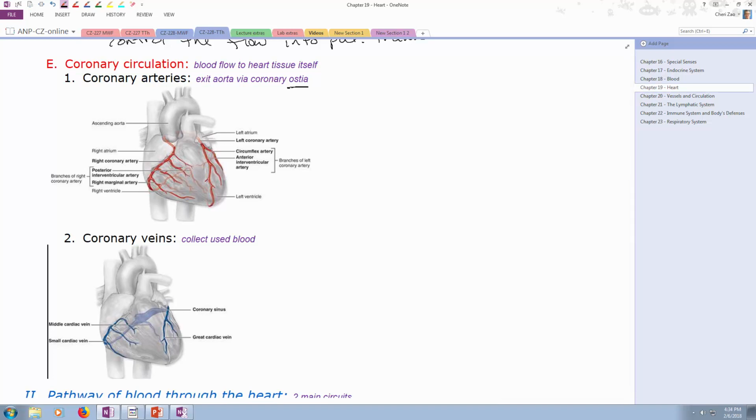And then coronary veins collecting used blood and returning this to the heart via the coronary sinus. So what side of the heart does used blood always go to? The right side. So returning it to the right atrium, correct?